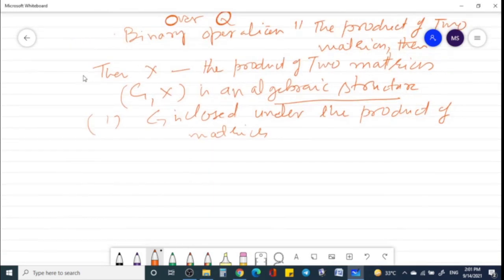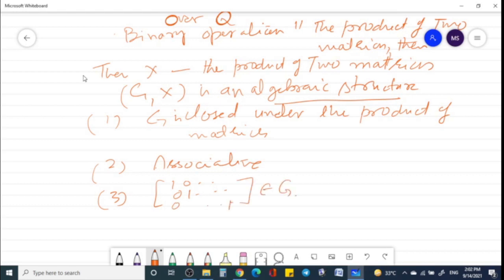Second, associativity is there, it is associative. And third, there exists an identity matrix belonging to G. But the fourth property cannot be taken for granted.